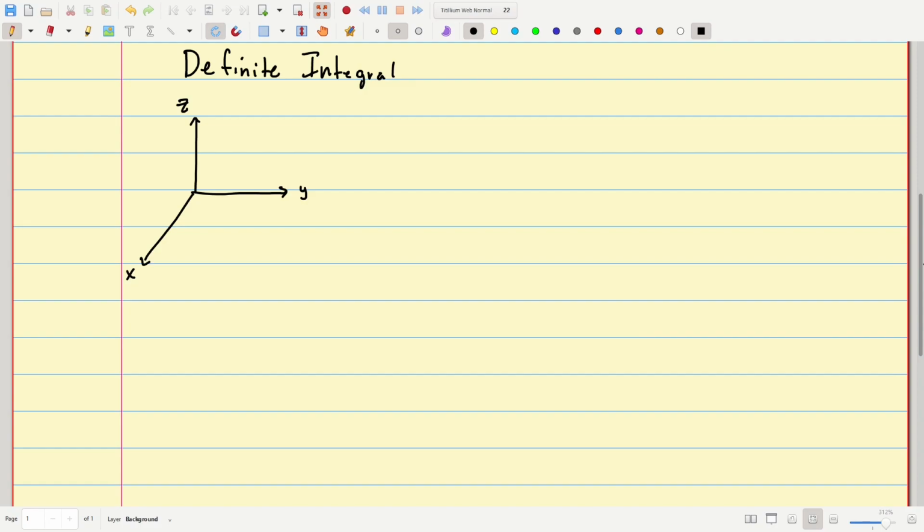So we have some surface. It's not the easiest thing in the world to draw. And below it, what we're interested in is some rectangular region.